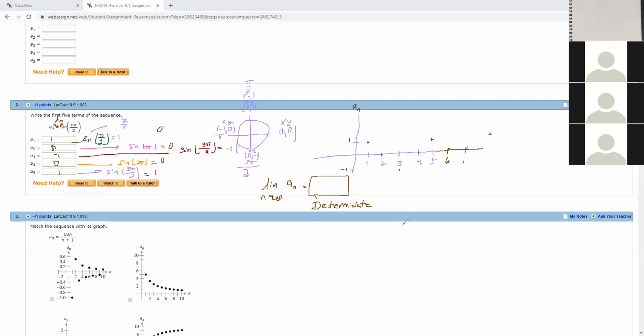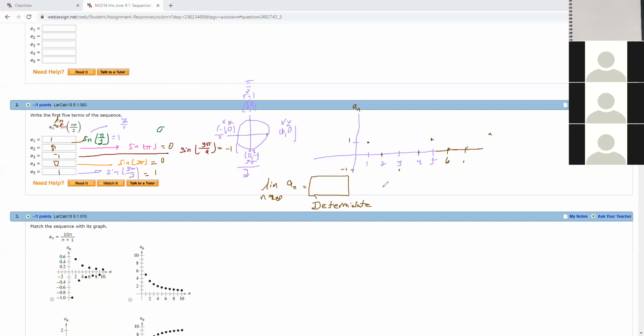So are all these terms of this sequence, these dots, getting closer to any single finite number, or not? No. So that means it's not a single finite number, which means this limit exists or does not exist?